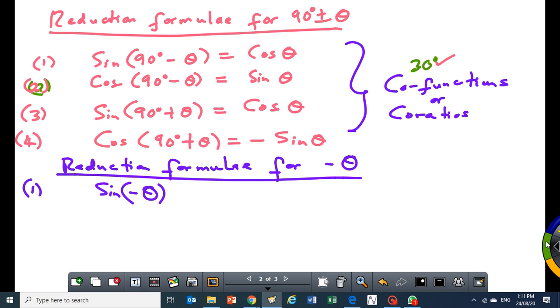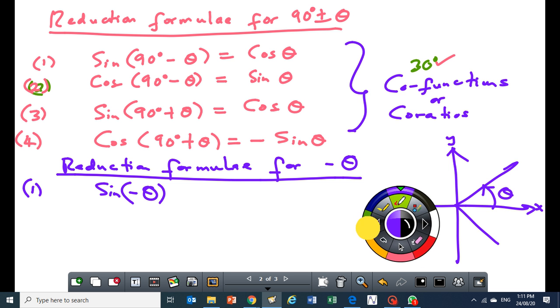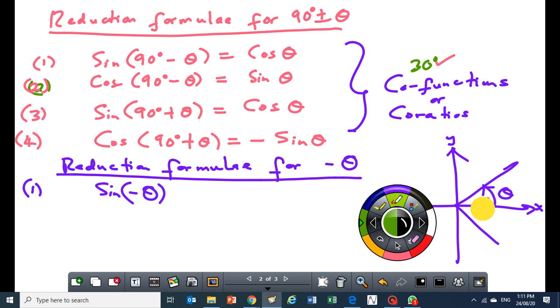Unfortunately, I never told you one of the three last year. Your Cartesian plane looks like this. If we are dealing with positive theta, it will be like this. When you're talking about negative theta, it's a reflection of this. So your negative theta will be in the fourth quadrant.